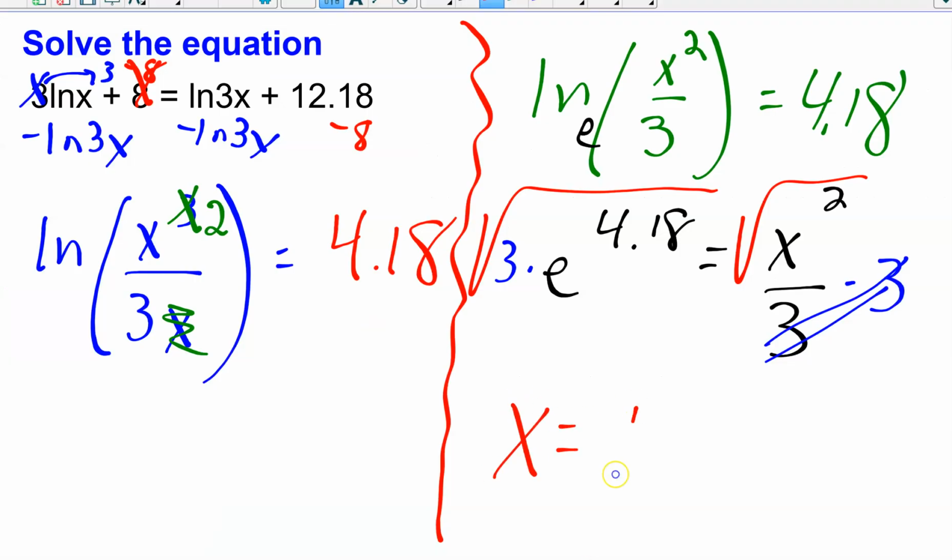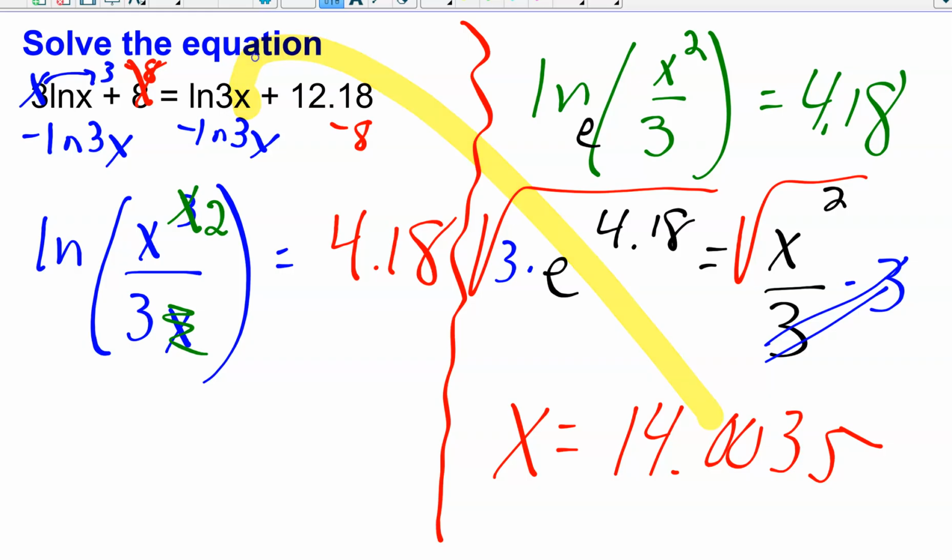So x equals 14.0035. All of these, you could take your x, plug it back into the original equation, and compare what you have on the left to what you have on the right. It should be really close. We had to do a little rounding, but they should be really close if you want to double check, which I would probably do on a test.